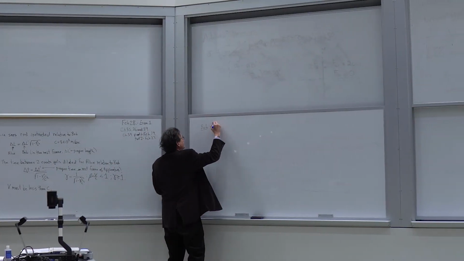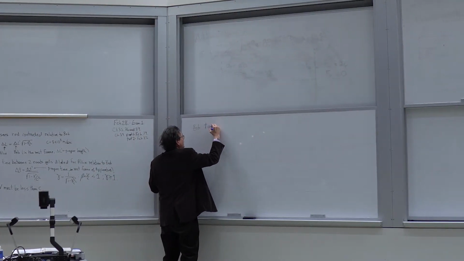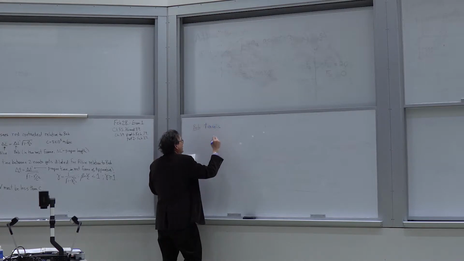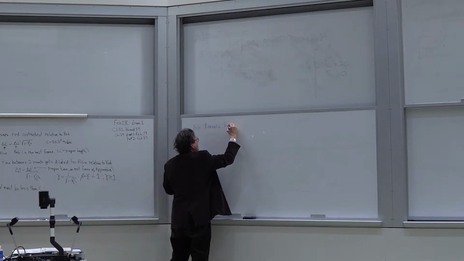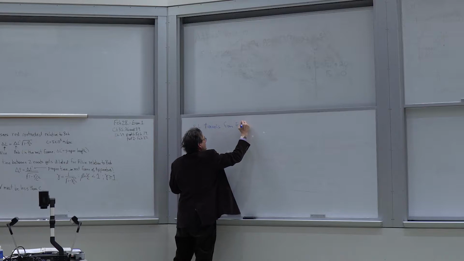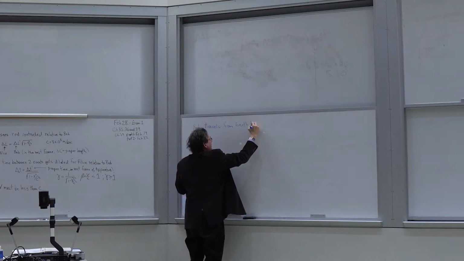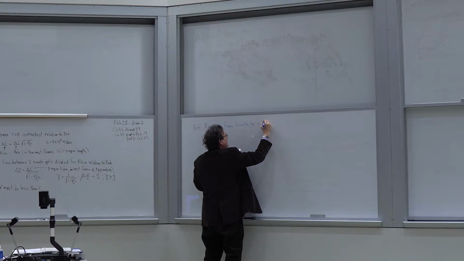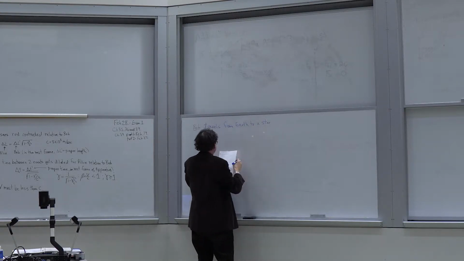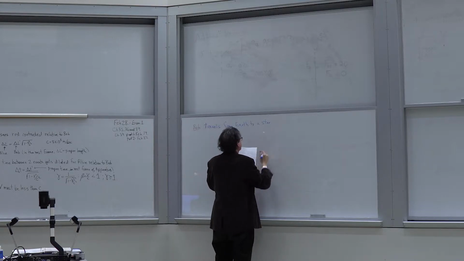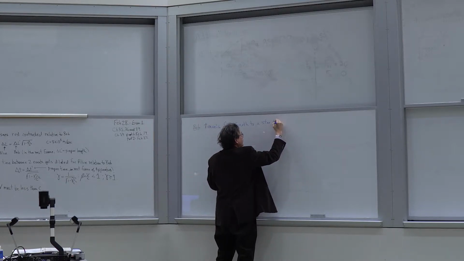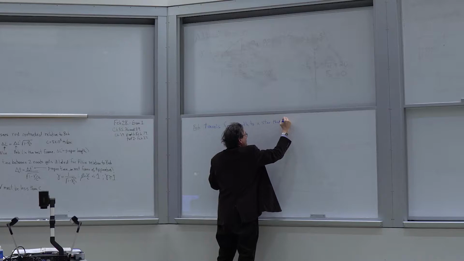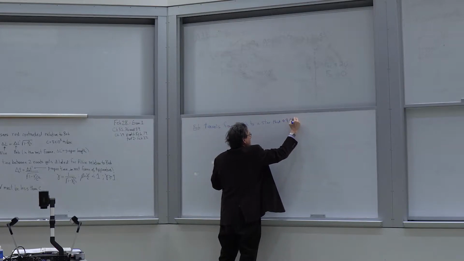So Bob travels from Earth to nearby to a star that is 4.2, 4.3 light years from Earth.